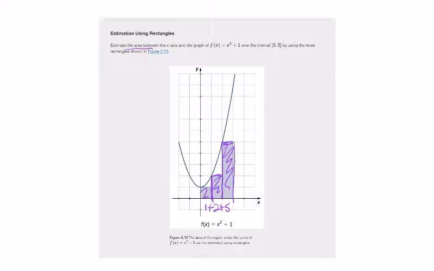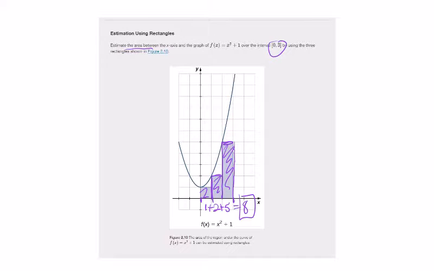So 1 plus 2 plus 5 is 8, right? And so that would be the approximate area under the curve of this function from 0 to 3, okay? So from 0 to 3, that's the area of the space underneath that curve.